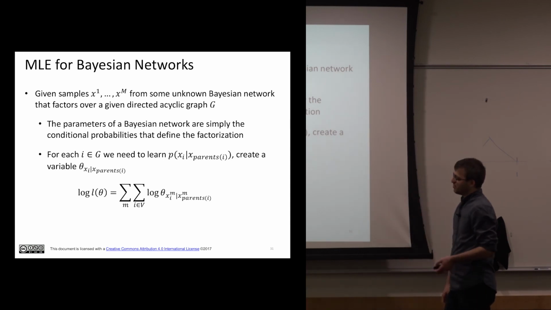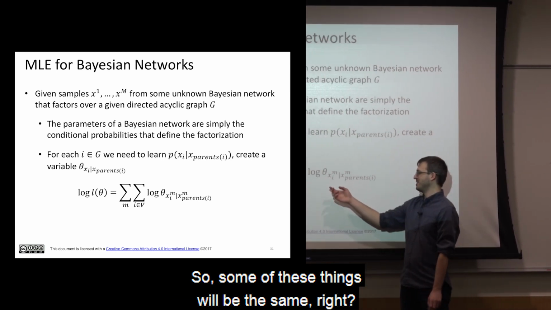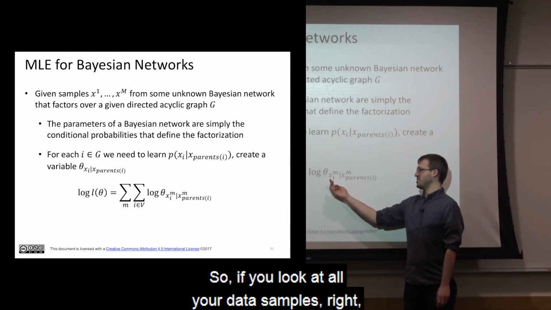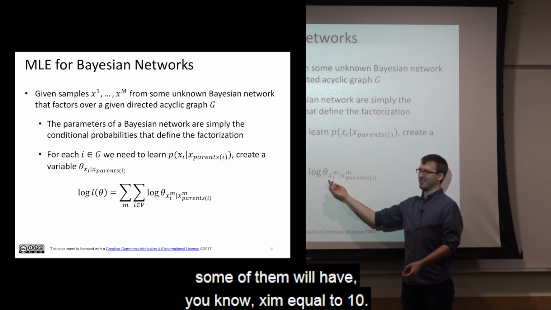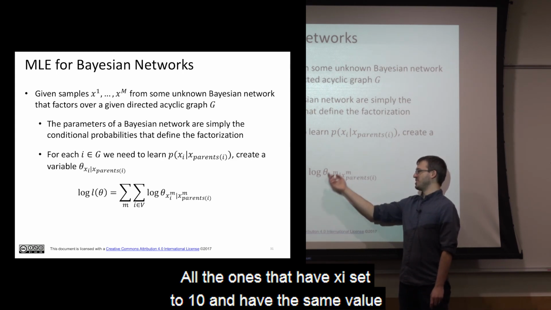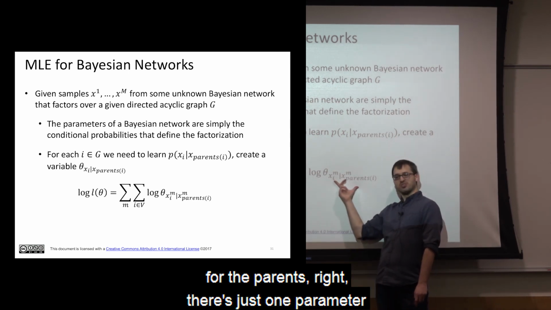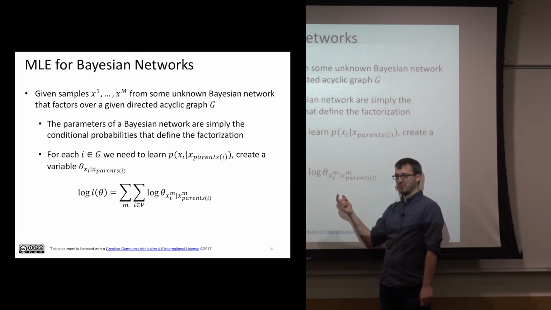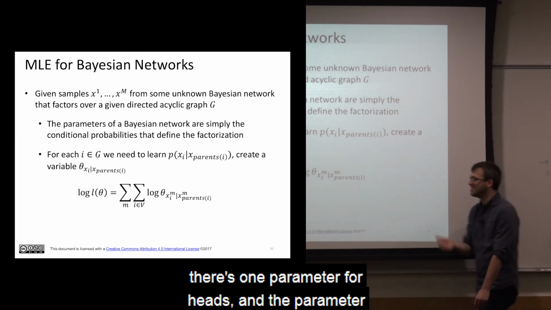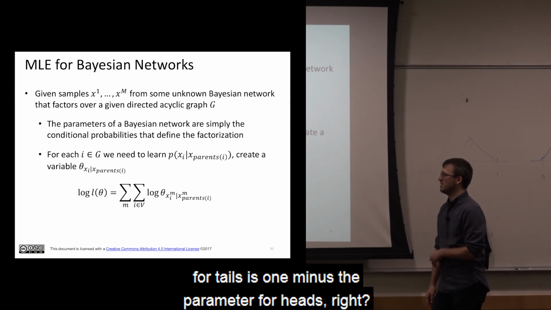So again, it looks very similar to what we saw before. Some of these things will be the same. If you look at all your data samples, some of them will have x_i^m equal to 10. All of the ones that have x_i set to 10 and have the same value for the parents, there's just one parameter for that thing. Just like in the coin flipping problem, there's one parameter for heads, and the parameter for tails is 1 minus the parameter for heads. Same thing here.